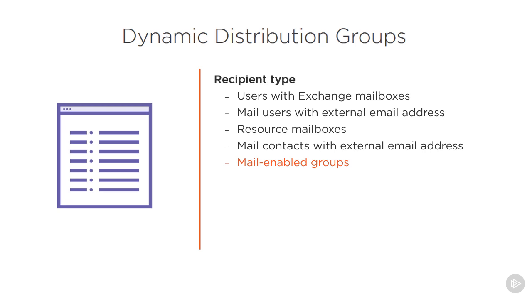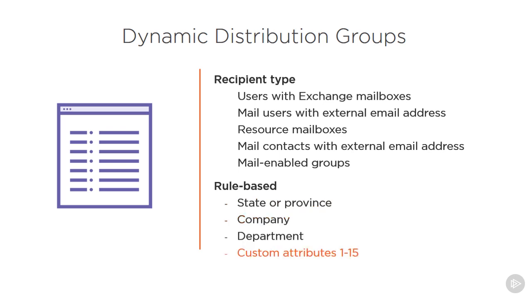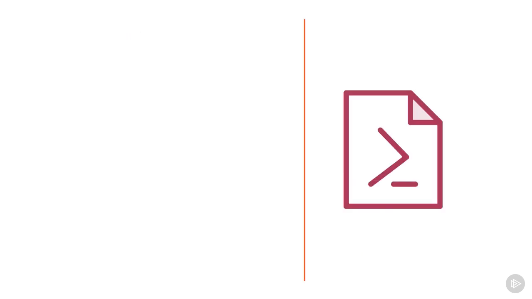So those are 5 recipient types that we can choose or that will be used to determine who belongs in a dynamic distribution group. Rule-based, we can take a look at the state or province, the company, and then we have up to 15 custom attributes that we can use to decide who belongs or gets populated in that dynamic distribution group.